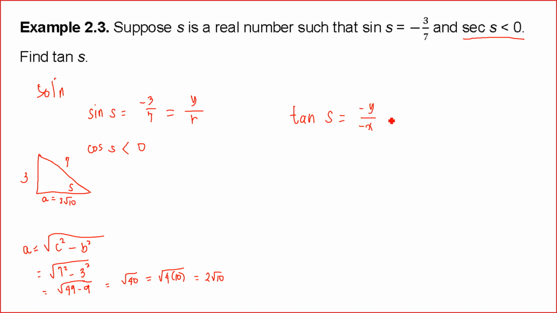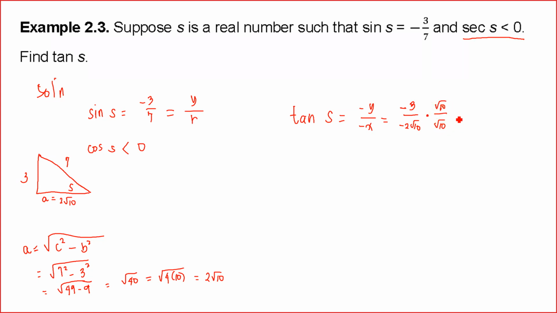Remember that negative y over negative x is positive. So you have negative 3 over negative 2 square root of 10. Then we have to multiply by square root of 10 over square root of 10.